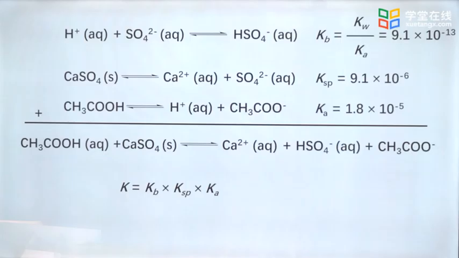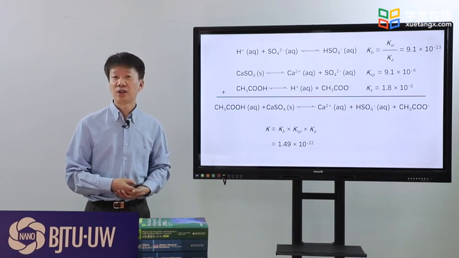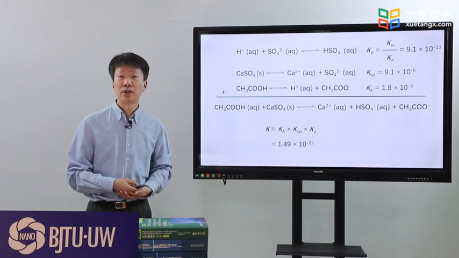And we finally have the equilibrium constant for the overall reaction, which is 1.49 times 10 to the minus 22. It's too small for a reaction. We can safely conclude that acetic acid cannot promote the dissolution of calcium sulfate.